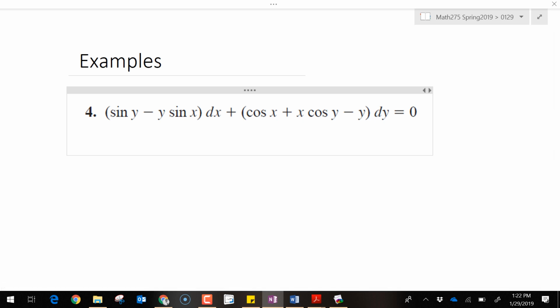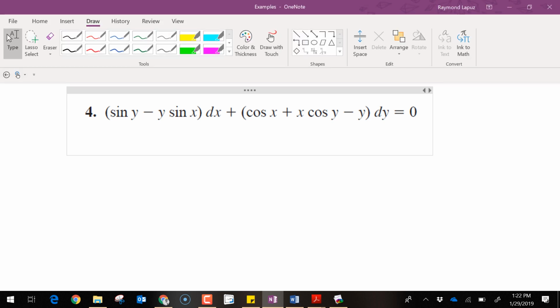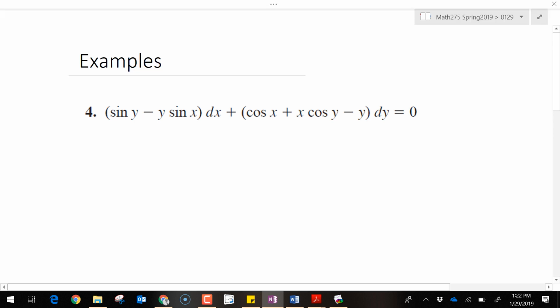Before we move on, we have to make sure that this is an exact differential equation. So let's double check to see if this is an exact differential equation. Let's first identify our functions as M and N. And remember, the check is the function next to the dx has to be taking the derivative with respect to the other variable y.